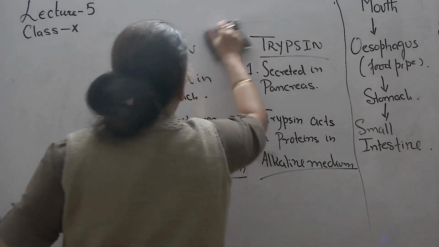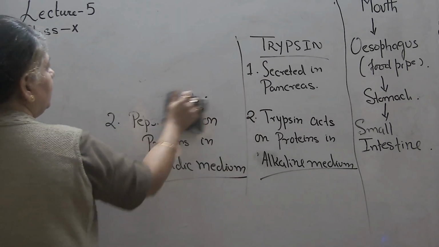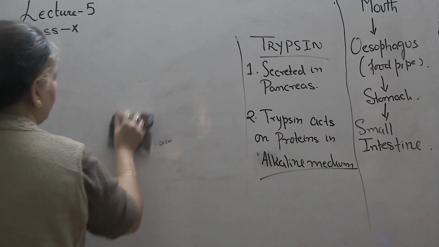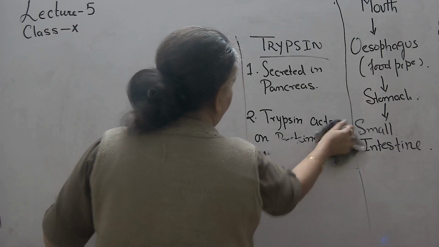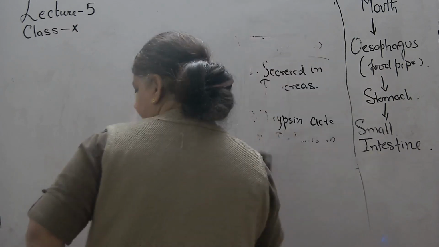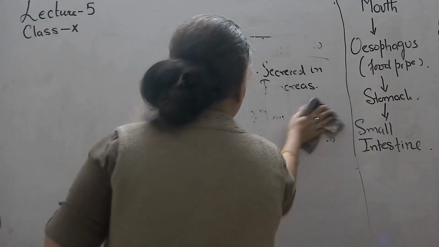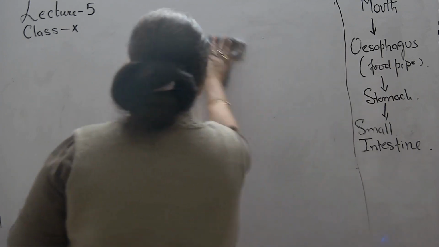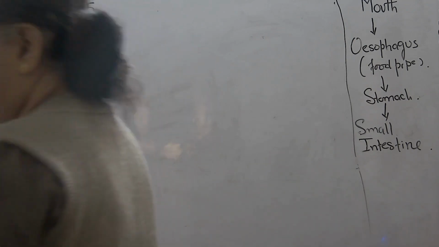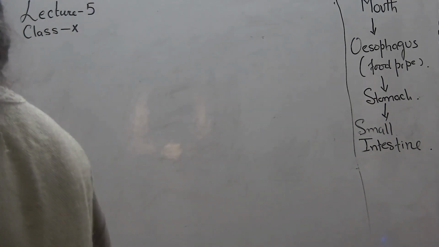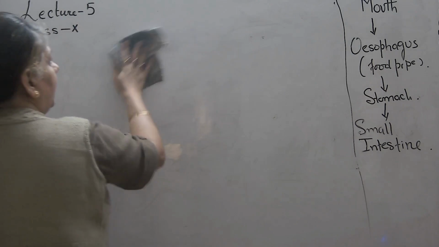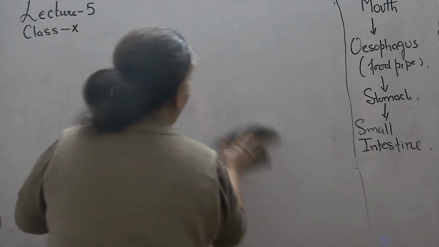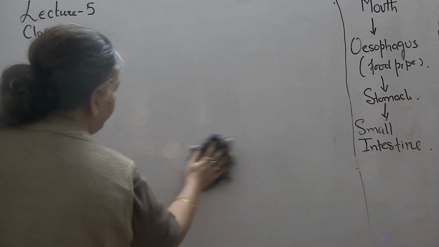Now let's see the role of intestinal juice, which is secreted from the walls of the small intestine. So intestinal juice also contains various enzymes that are further helping in complete digestion of food.